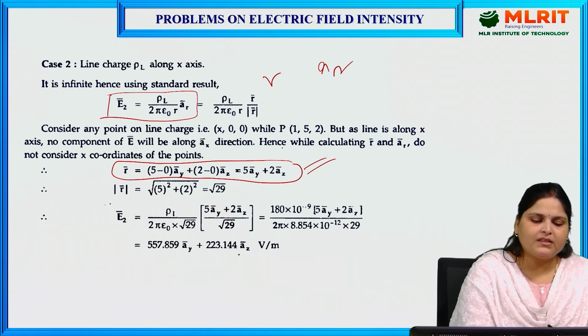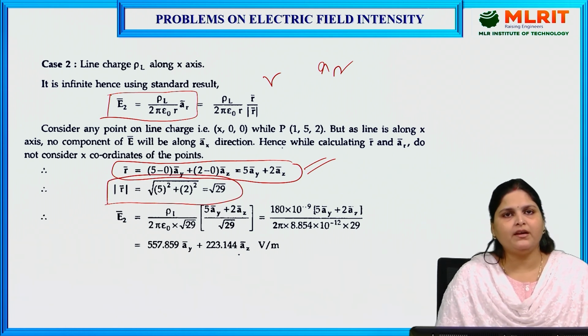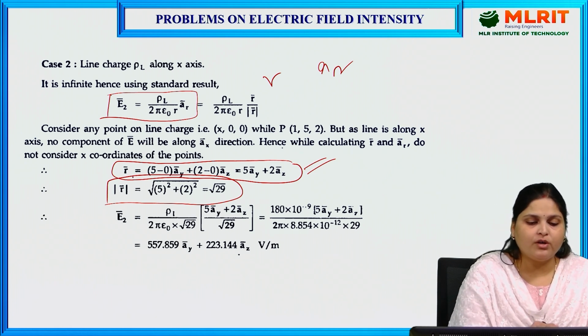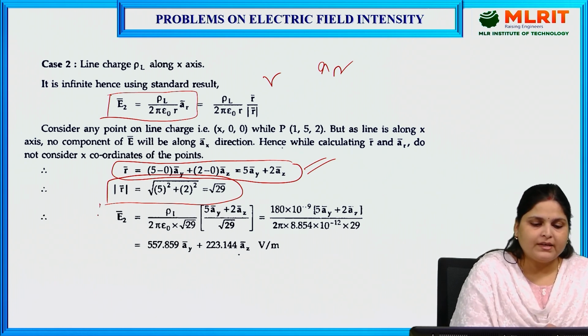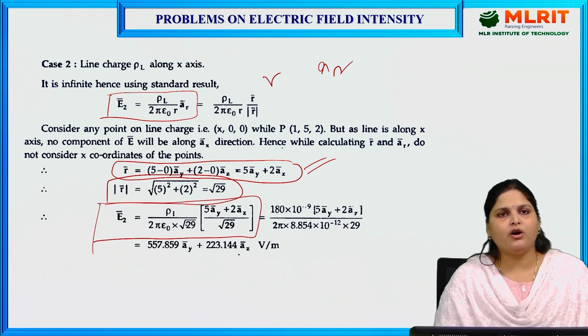Then we will take the mod of R, which is under root of 5 square plus 2 square, and the value is under root of 29. Now we have got R and AR, so we can put all this into the formula of E2.